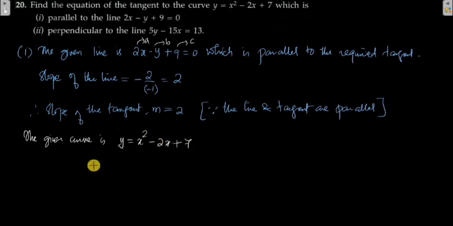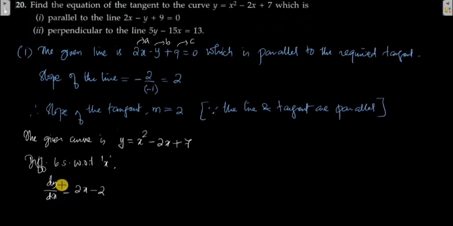Differentiating both sides with respect to x, let's see what we get. So dy by dx is equal to 2x minus 2 plus 0, and plus 0 is not necessary here. Now this is your dy by dx, which gives you slope.